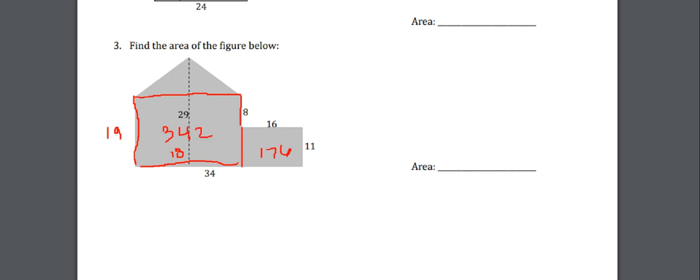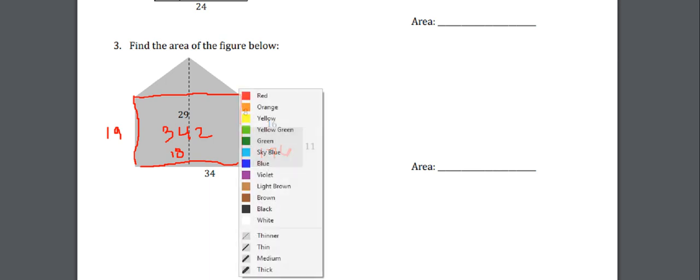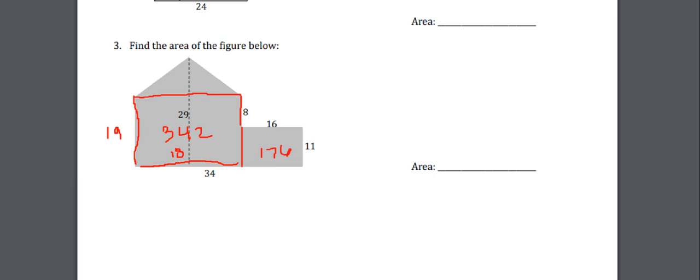342. And the last thing that we have to do is find the area of this triangle on top. We know that this length right here, that red line, is 18. And this height, going straight up and down, that's what we need to know.